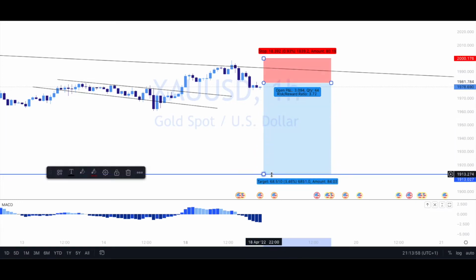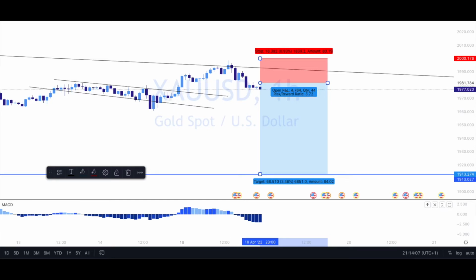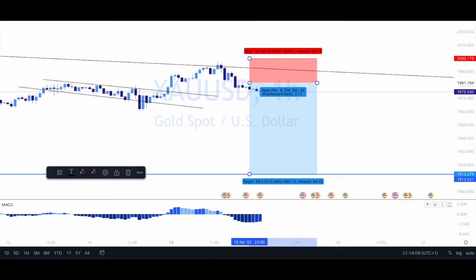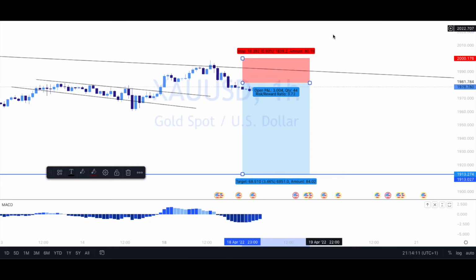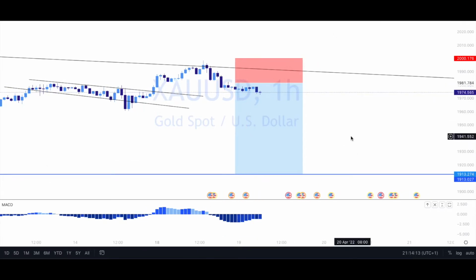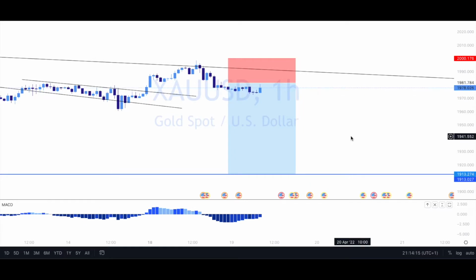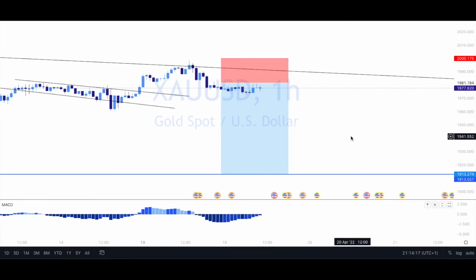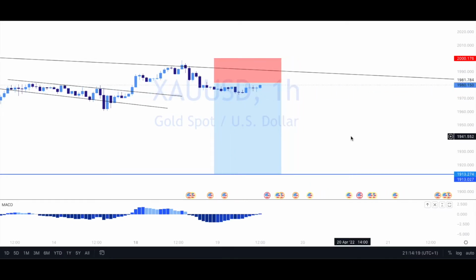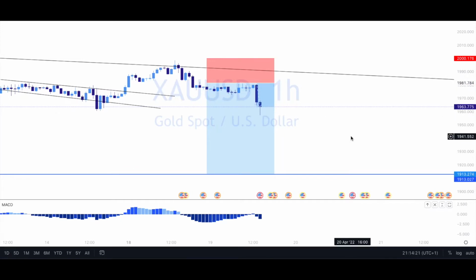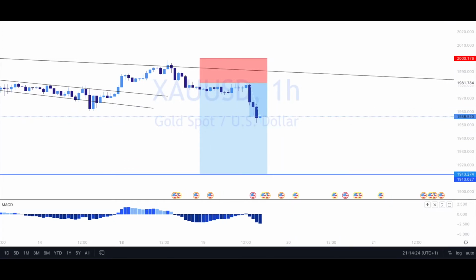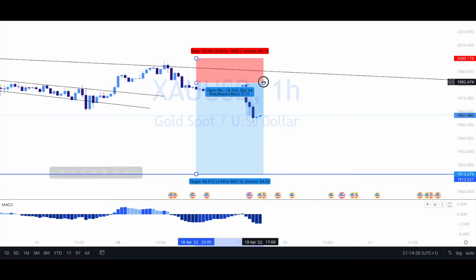Hence why I don't trade gold. It's very big. So let's hit play and see what happens. So that's the pending order. It hasn't triggered. I might cancel. Ooh, it hit it. Fantastic. Okay.